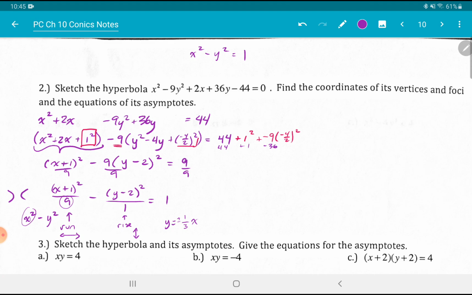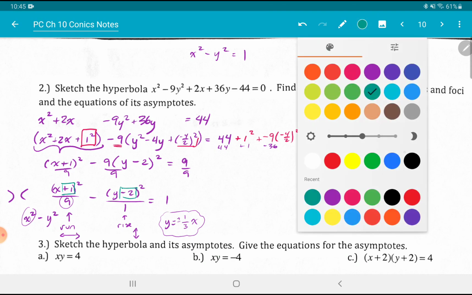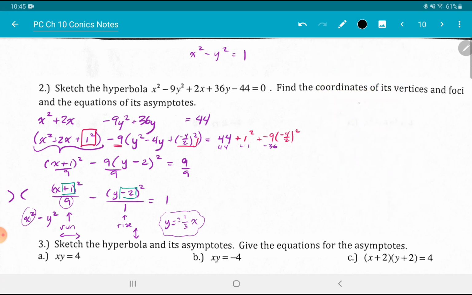Okay, so the reason why I say it's something of that sort and not actually that equation is because I also noticed one more thing. This problem's a little bit more complicated because you see the plus 1 here and the minus 2 here, telling you that your hyperbola is no longer the parent function, but it has actually shifted. Okay, so we need to apply a shift as well. So let's go ahead and graph the coordinate plane first.